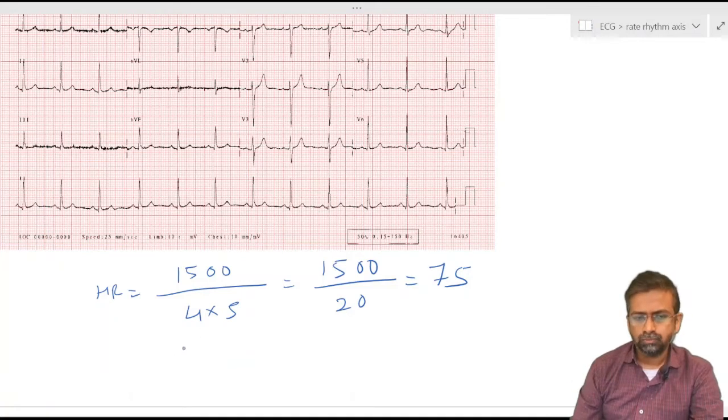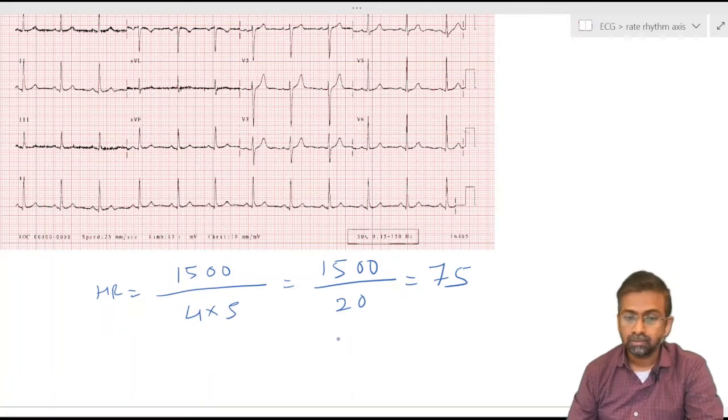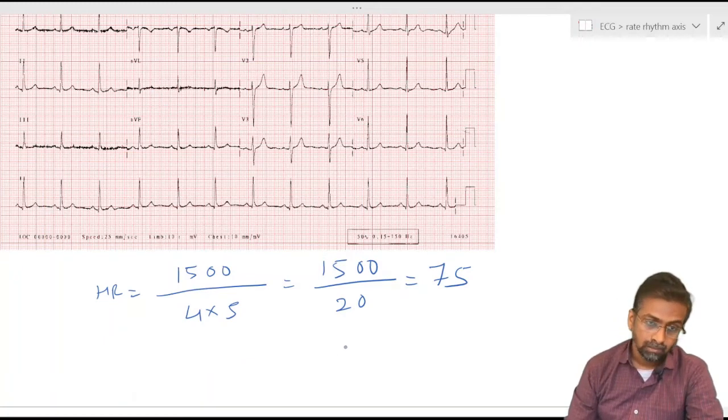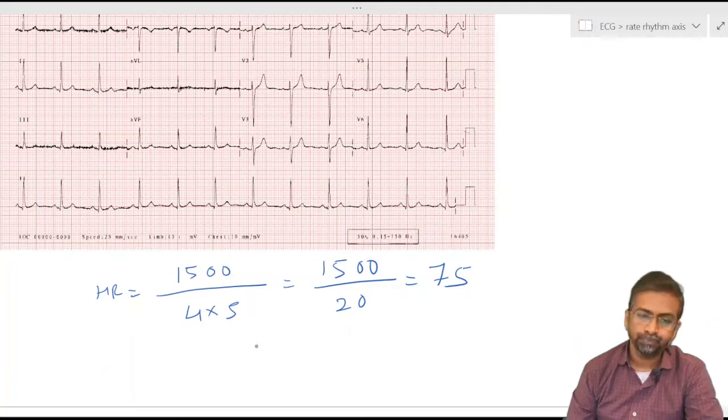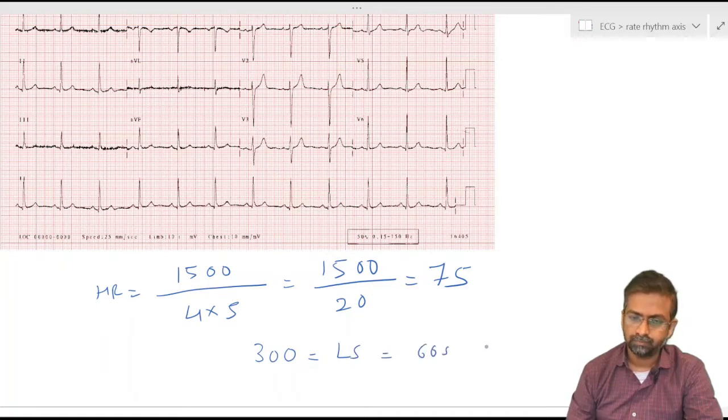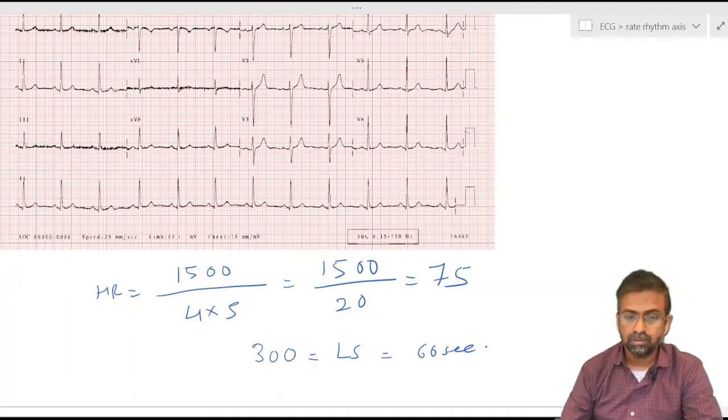Now the question is where this 300 and 1500 came from. Why 300? Why not divide 500 by large squares, or any other number? Basically, 300 large squares represent 60 seconds. Why 60 seconds?